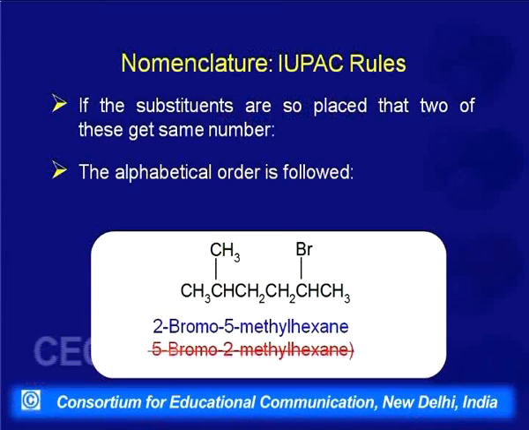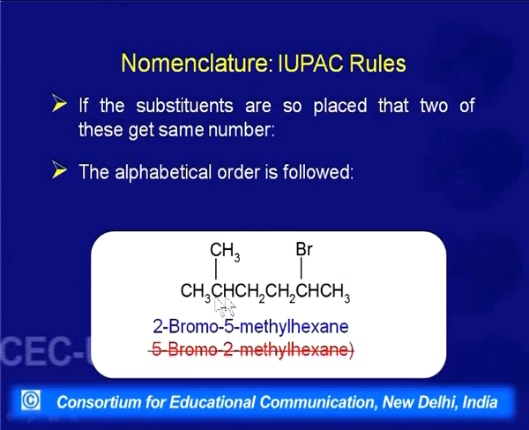If the substituents are so placed that two of them get the same number, what will happen? Again, in this case, the alphabetical order will be followed. For example, now if we start from here, we have methyl in the second position. Similarly, if we start from here, we have bromo in the second position. Now the dilemma is, where would we start, from here or from here?